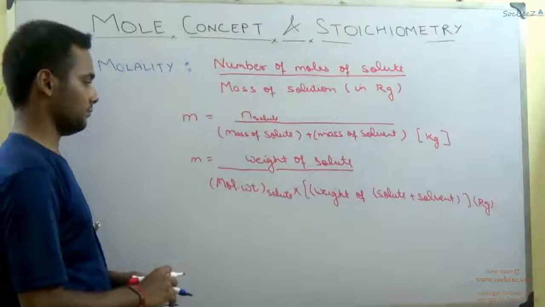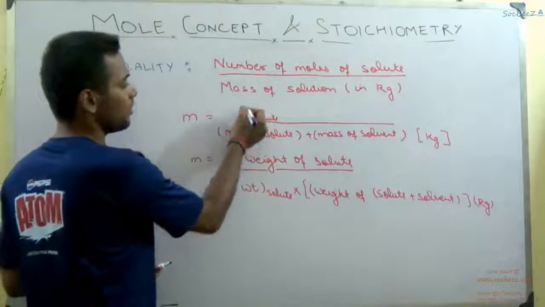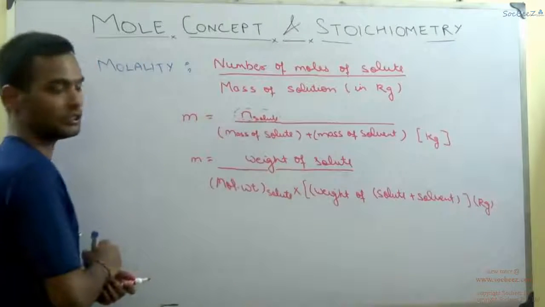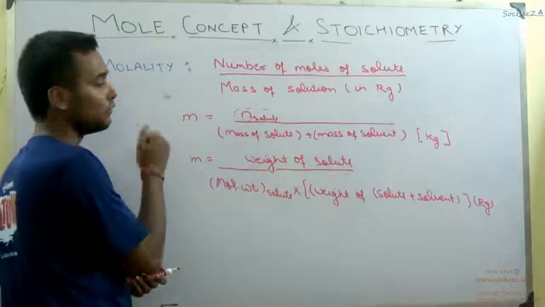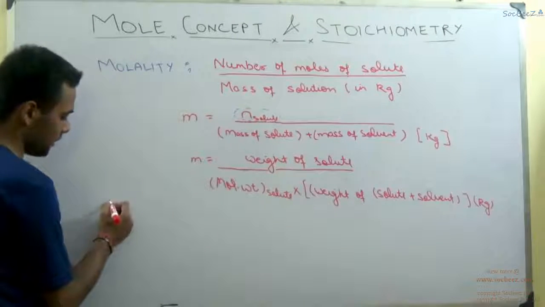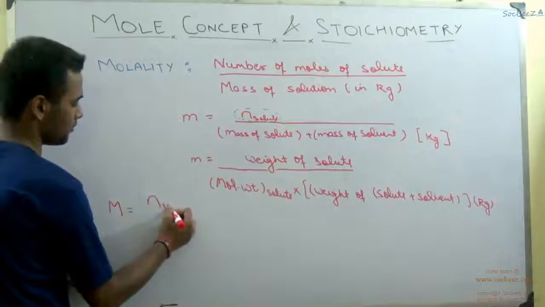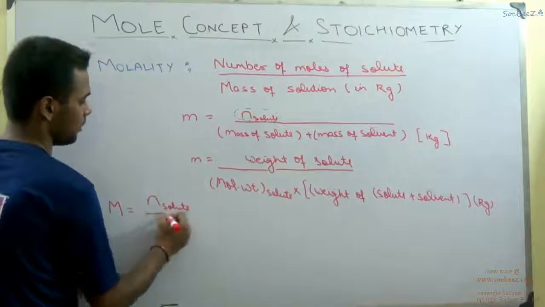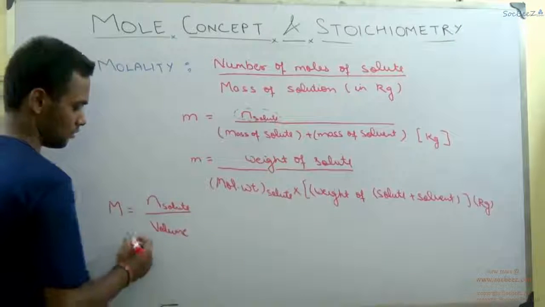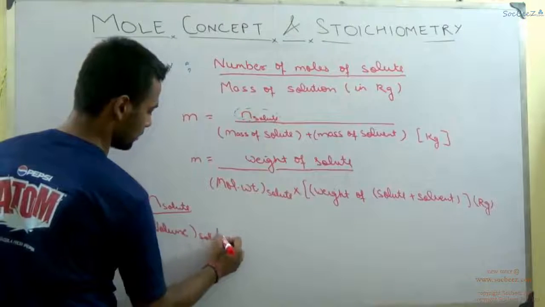Now if we take number of moles of solute into consideration and then compare molality with molarity, since we know that molarity equals number of moles of solute divided by volume of solution in liters.